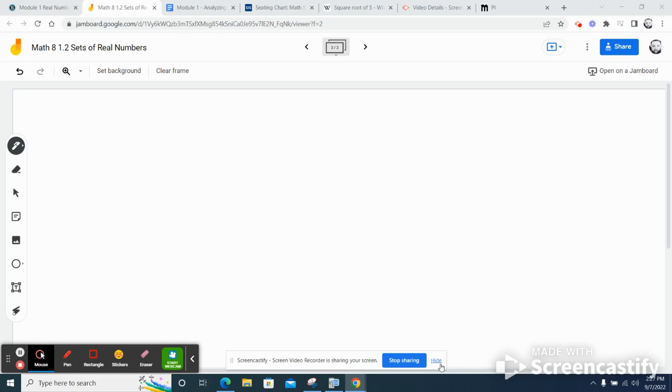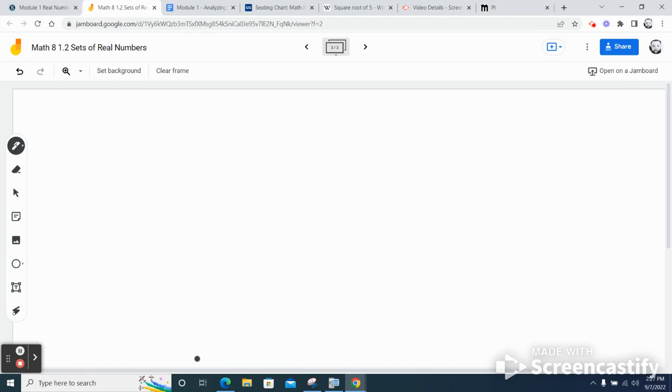So for 1b and 1c, they give us the number negative 17.84. And then in your textbook, it says that it is a terminating decimal.